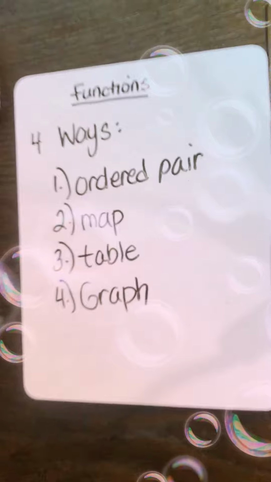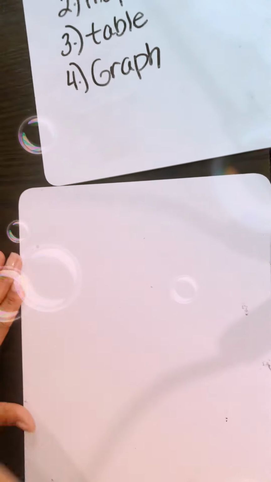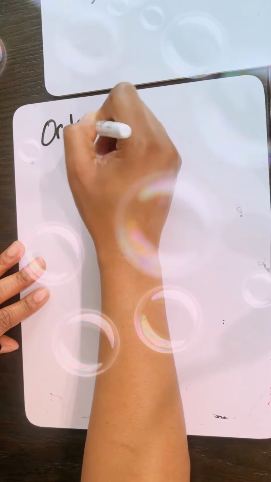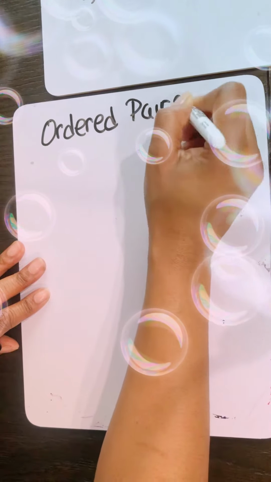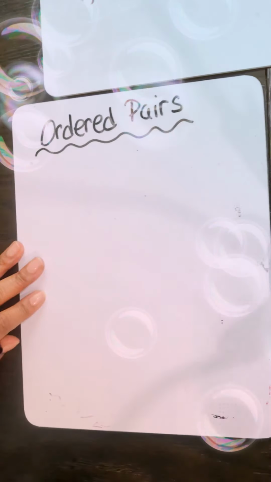So what I'm going to do is I'm going to start with my ordered pairs. Okay, ordered pairs are just the points that go on a graph, the coordinate points that go on a graph.